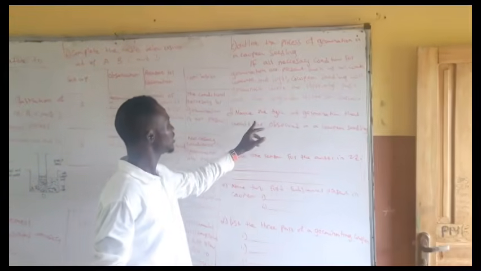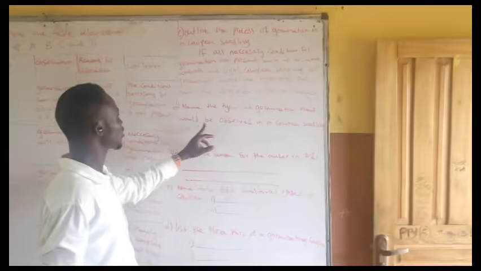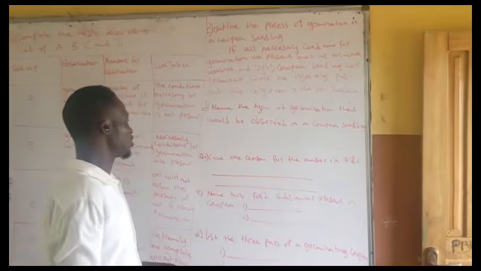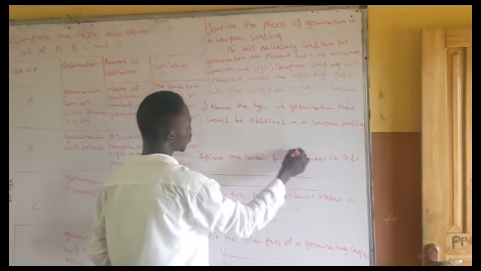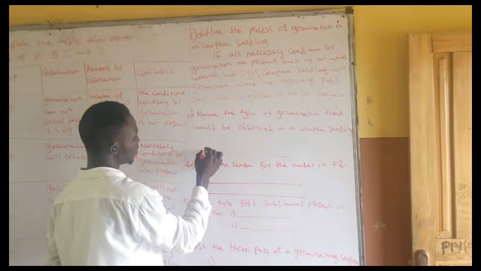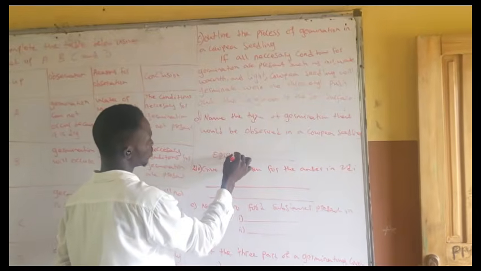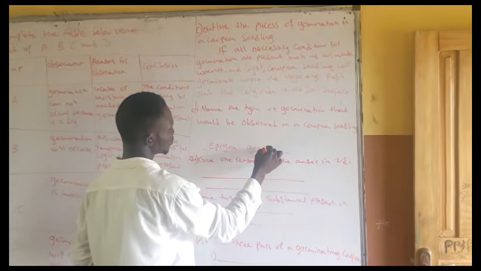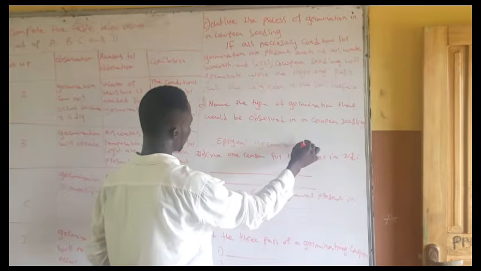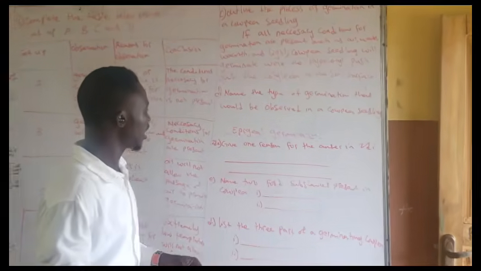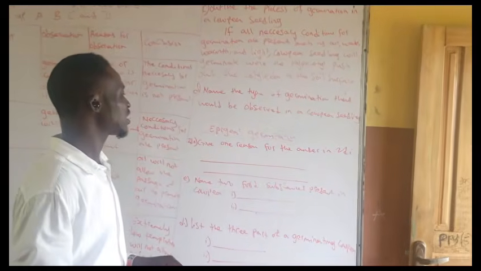The next one says name the type of germination that could be observed in cowpea. The type of germination that cowpea undergoes is epigeal germination. And the next question, 2Di, give one reason for the answer in 2D.